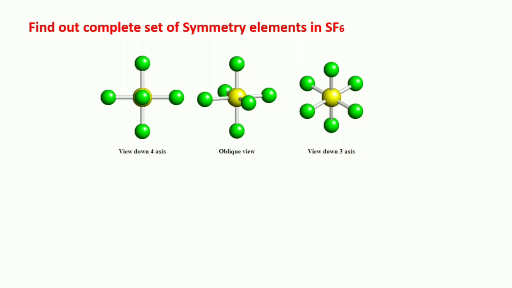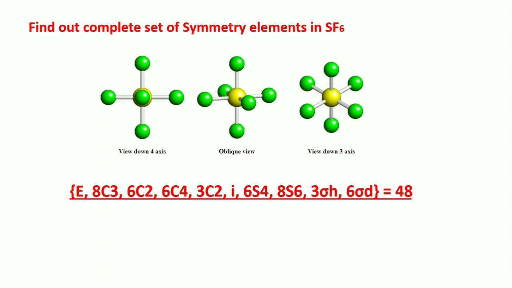These are all symmetry elements and operations found in the SF6 molecule. So there are about 48. We need to find them in a very comprehensive way. These are all the symmetry elements found in the SF6 molecule.